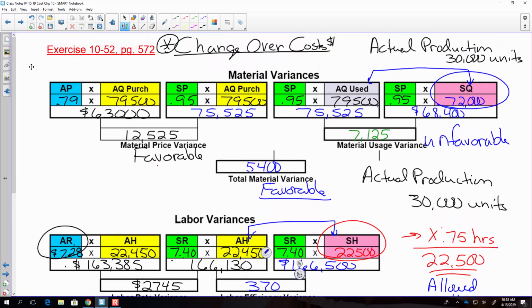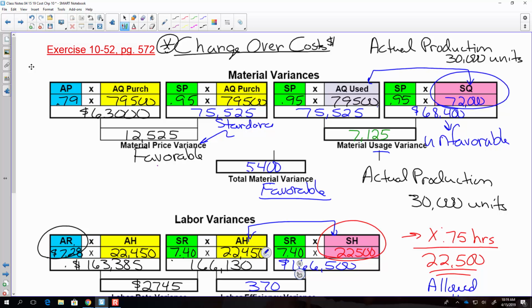Correct. We would use as the standard, the middle number for the price variance, the 75,525, and for the usage variance, we would use the 68.4, plus or minus the percentage, 8% or 10% or whatever we give you.